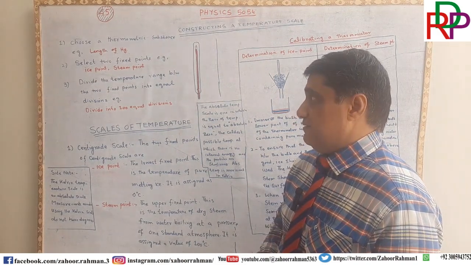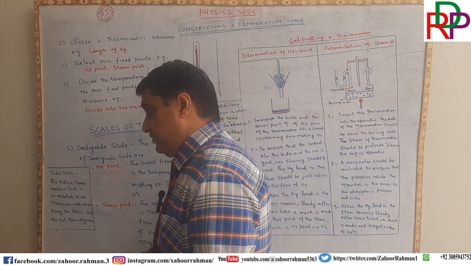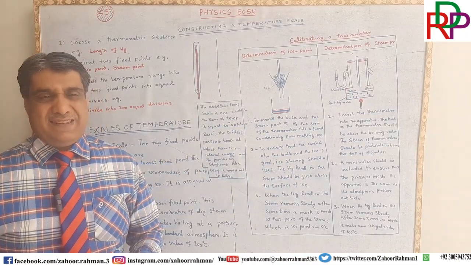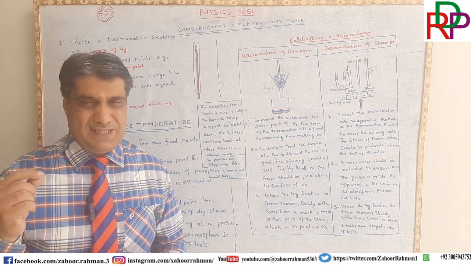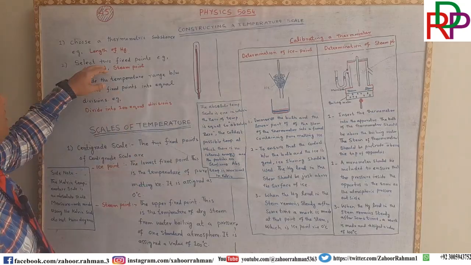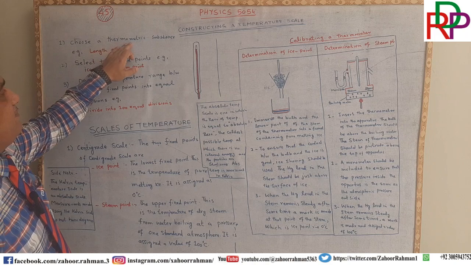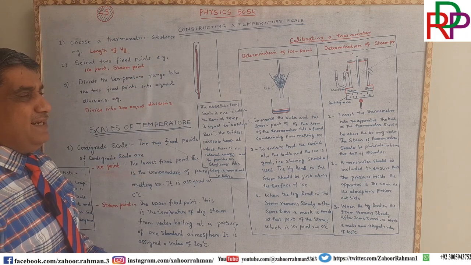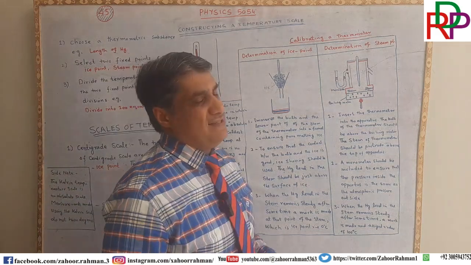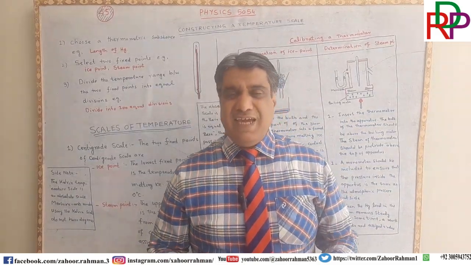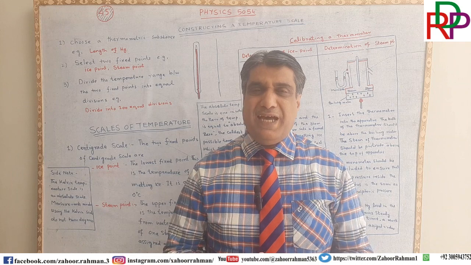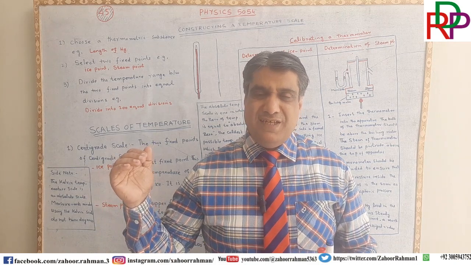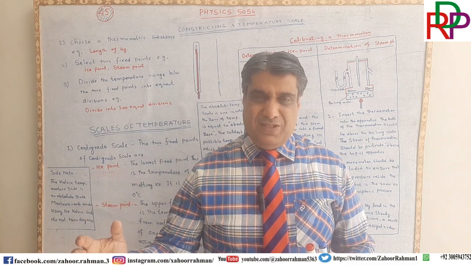Ladies and gentlemen, first of all, whenever you want to calibrate or construct a thermometer, the first step is to choose a thermometric substance. And a thermometric substance is one which obeys a physical property we discussed yesterday.